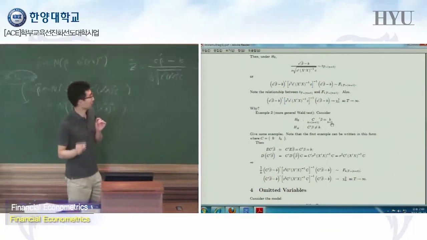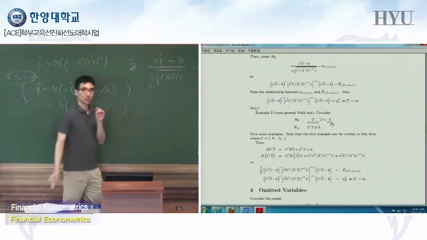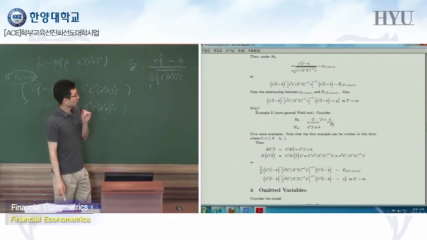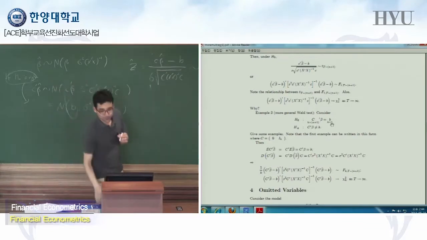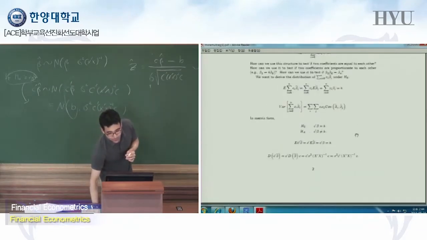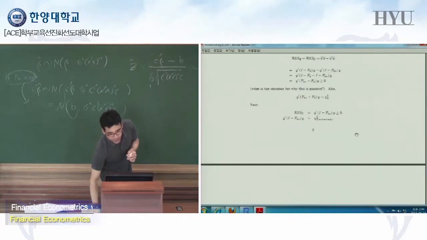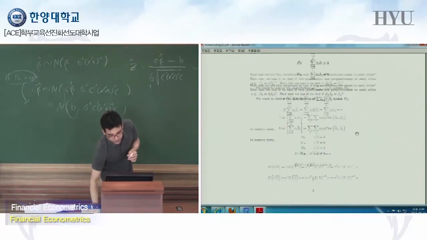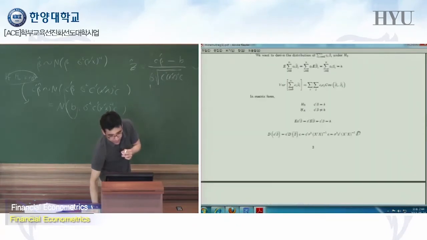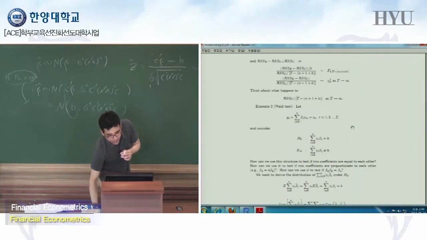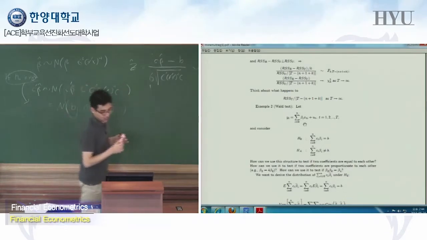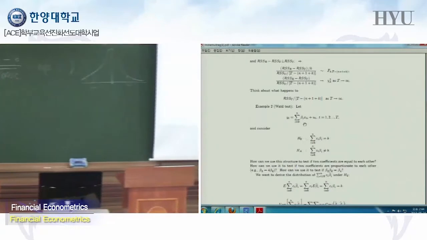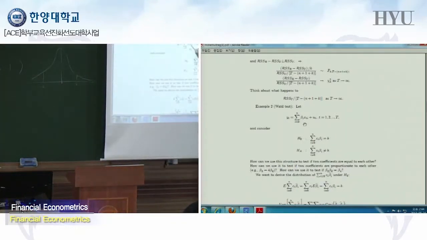But the problem is that we probably don't know sigma. So alternatively, what we have to use is this: here it is n, the number of variables is n plus 1, including the constant.